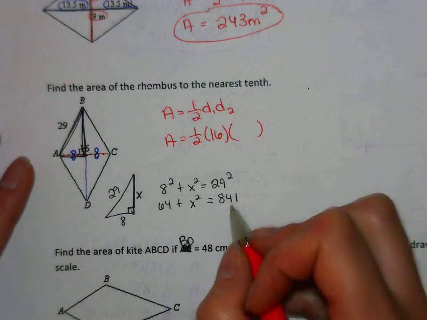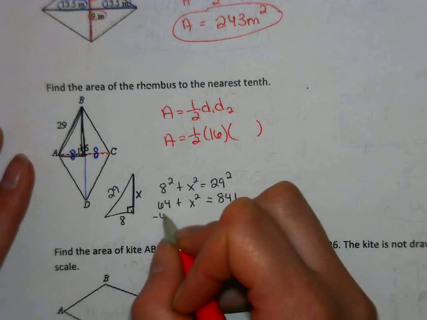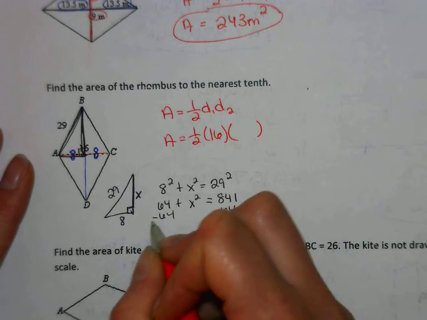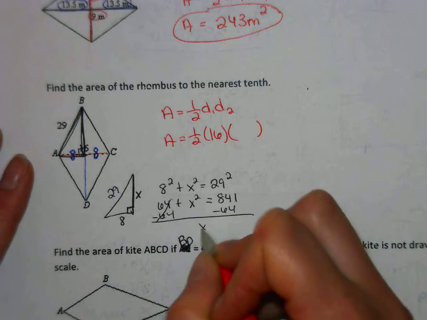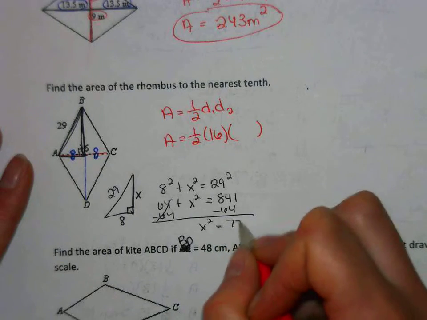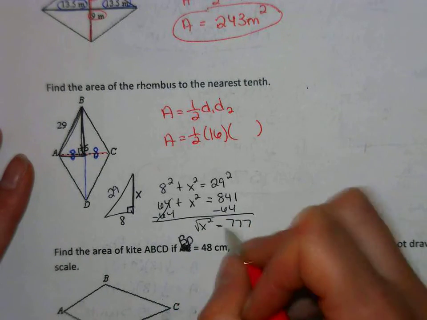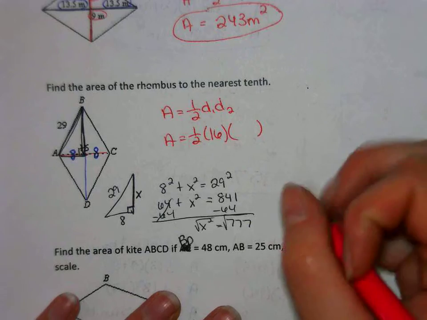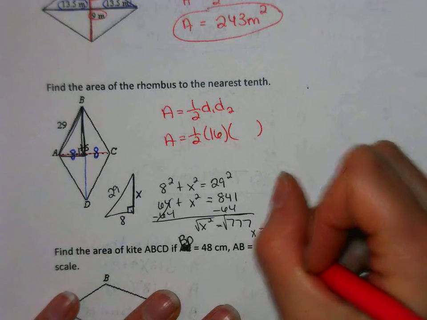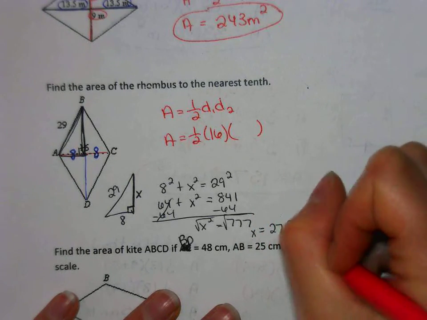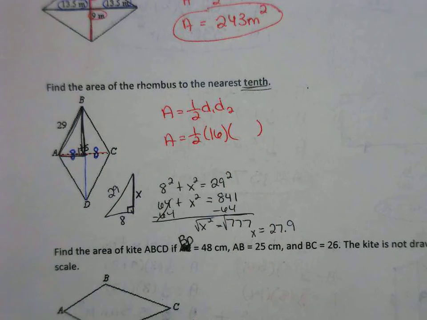We want x squared by itself, so if we subtract 64 from both sides, x squared equals 777. Then our last step would be to square root both sides. So x equals 27.9, because we want it to the nearest tenth.